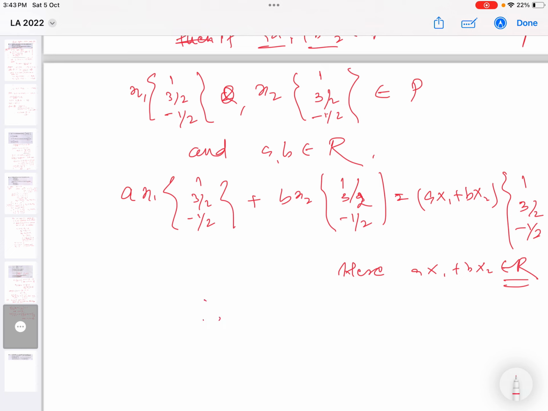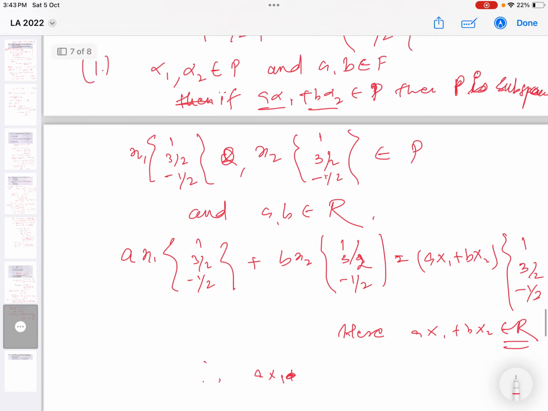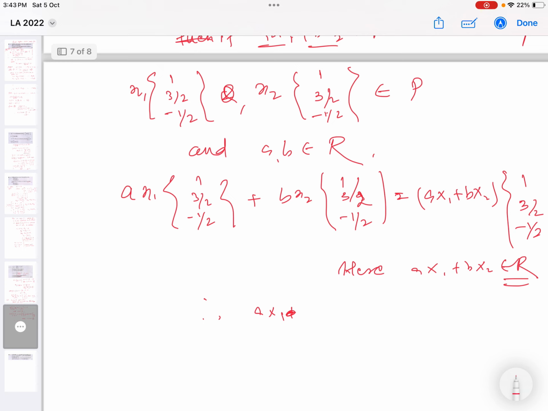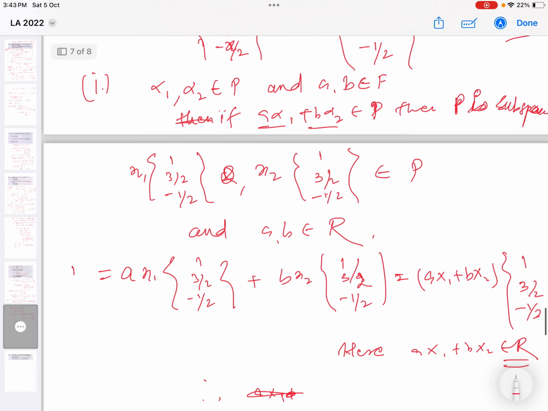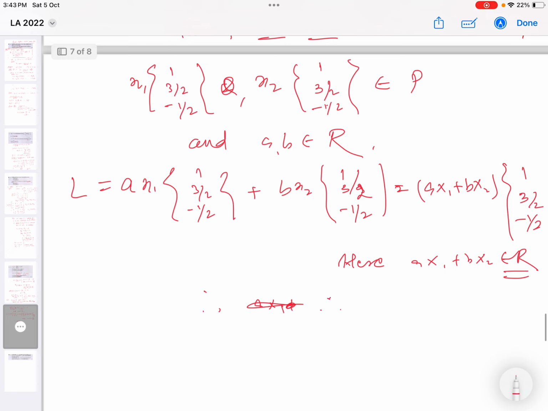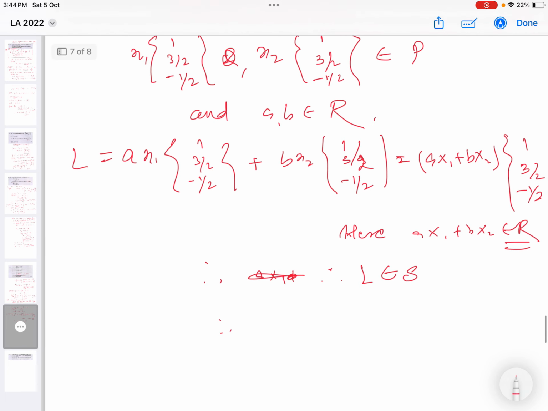Therefore this entire element, say this is L. So therefore L is an element of S. Therefore S is a subspace.